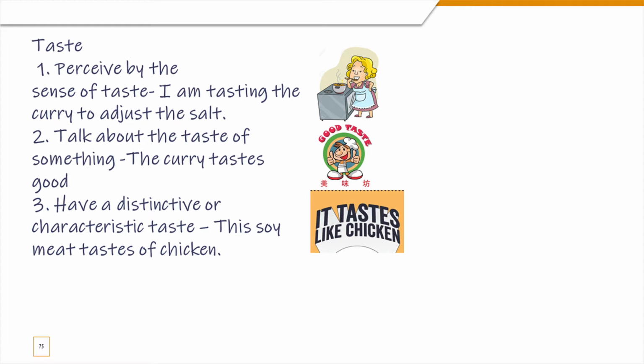So this is again a stative meaning. Now, you eat something and that reminds you of some other food. For example, soy meat. This soy meat tastes of chicken. So it tastes like chicken. Clear? So these are the 3 different words with 3 different meanings with the verb taste.